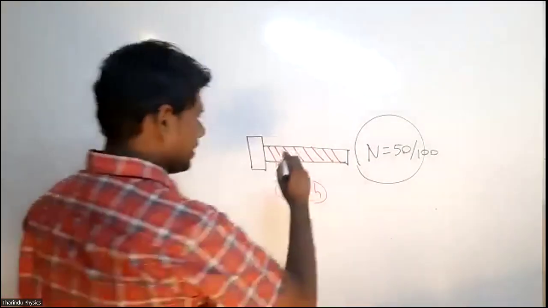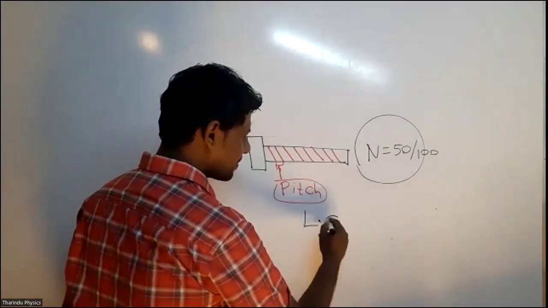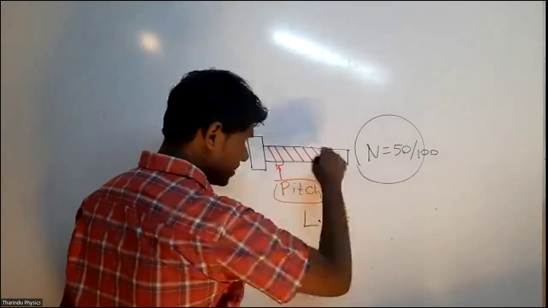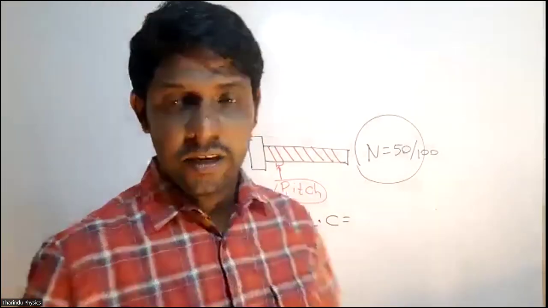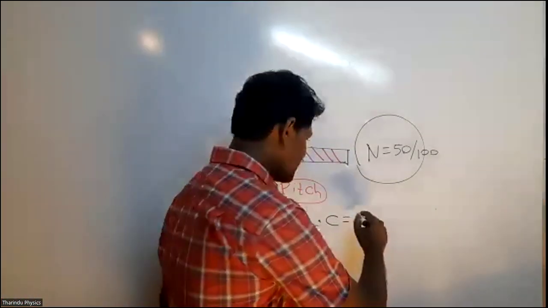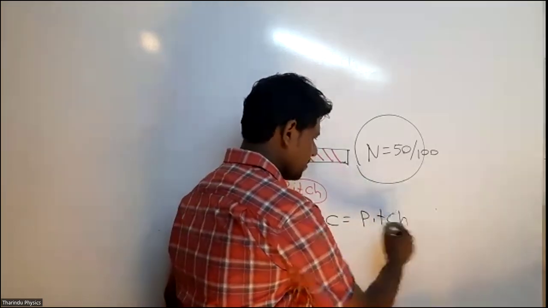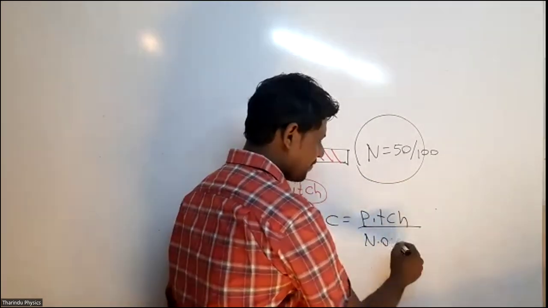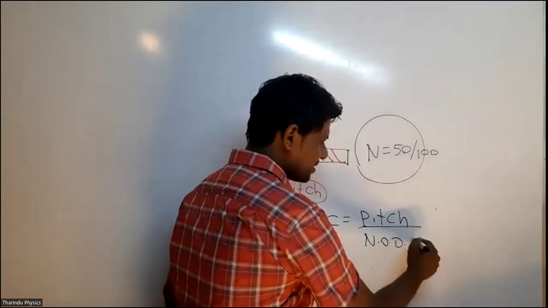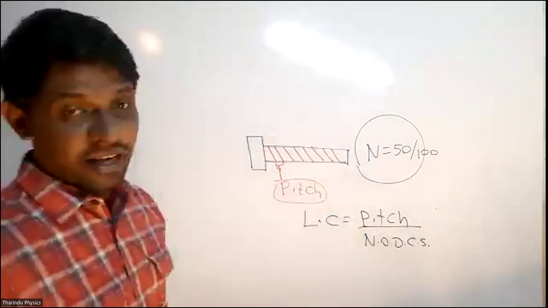Now I told you how to find out the least count of this screw gauge, any screw instrument. In that case, you are going to divide the pitch by the number of divisions of the circular scale.